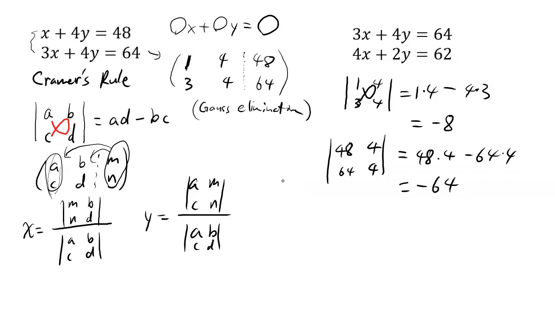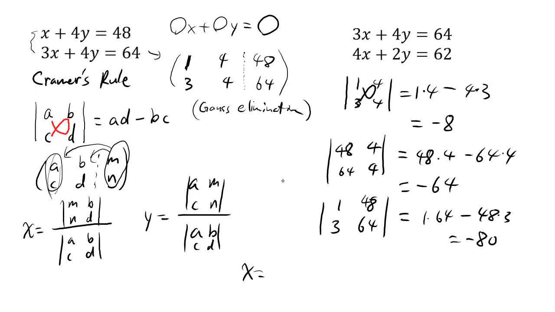I actually had to use a calculator to compute this. Okay, and then you have 1, 3, and then 48, 64 replaces the second column. And if you calculate that, 1 times 64 minus 48 times 3, that will give you negative 80.